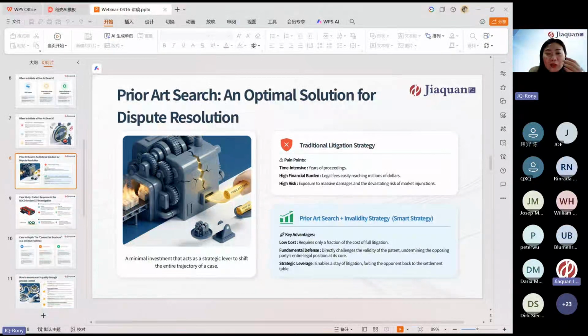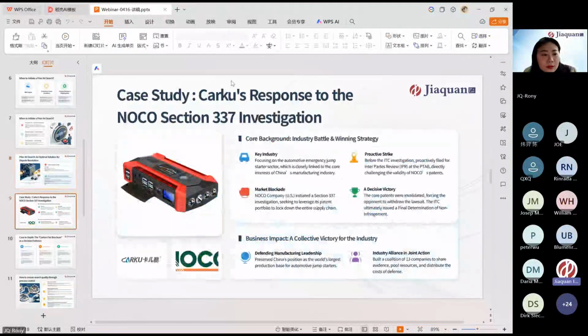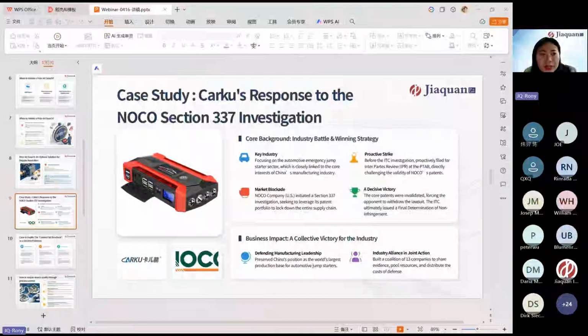I think there is a huge delay on the internet. Yes, a little bit. We're now still on page 8. Okay, now page 9. Page 9, case study, right? Carco's response to NOCO. Good.